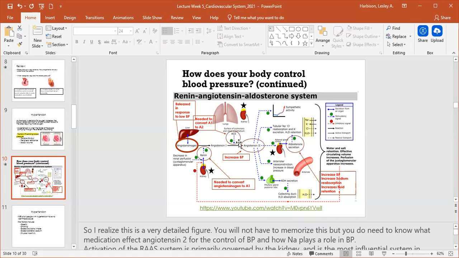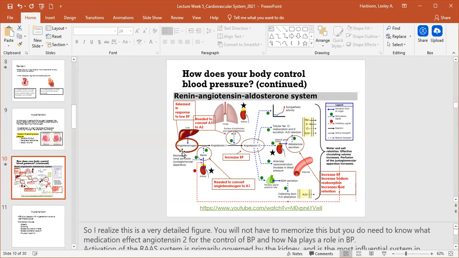called an ACE inhibitor. ACE comes from the lungs, and it's needed to convert angiotensin 1 to angiotensin 2. And angiotensin 2 is what triggers all these different mechanisms that end up with high blood pressure.